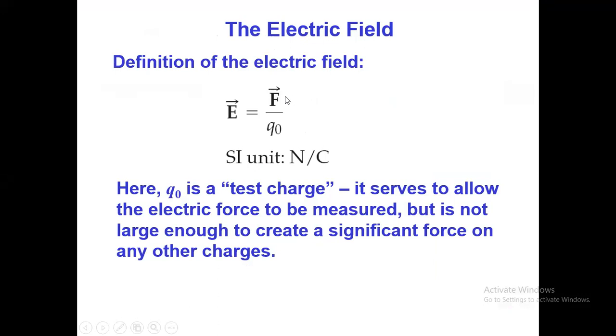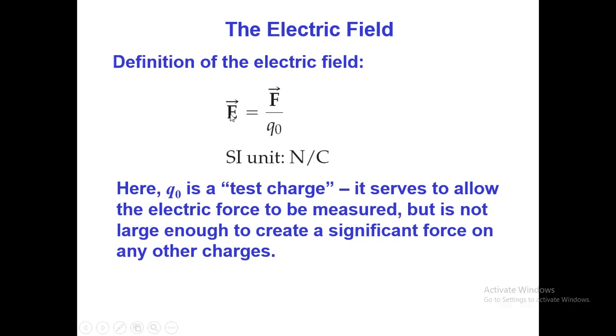And what kind of force is this? This is the electrostatic force of attraction or electrostatic force of repulsion between the charges. We can also say that the force per unit charge is called electric field intensity.